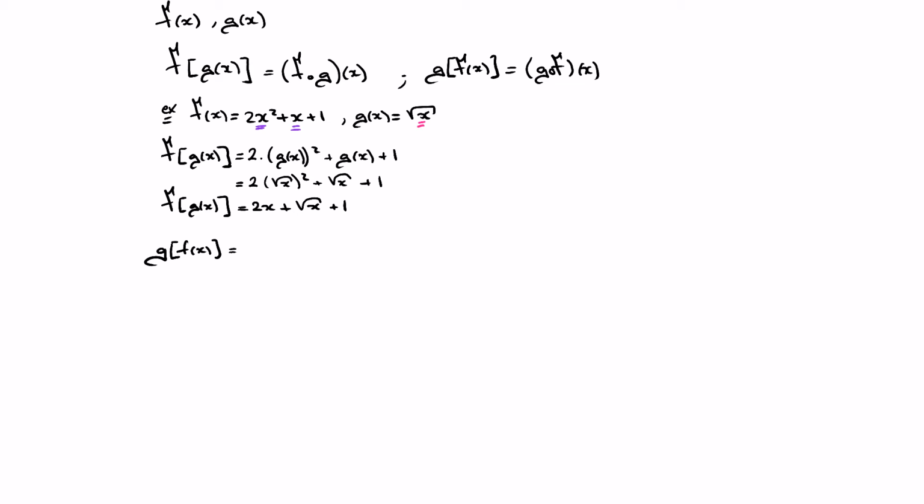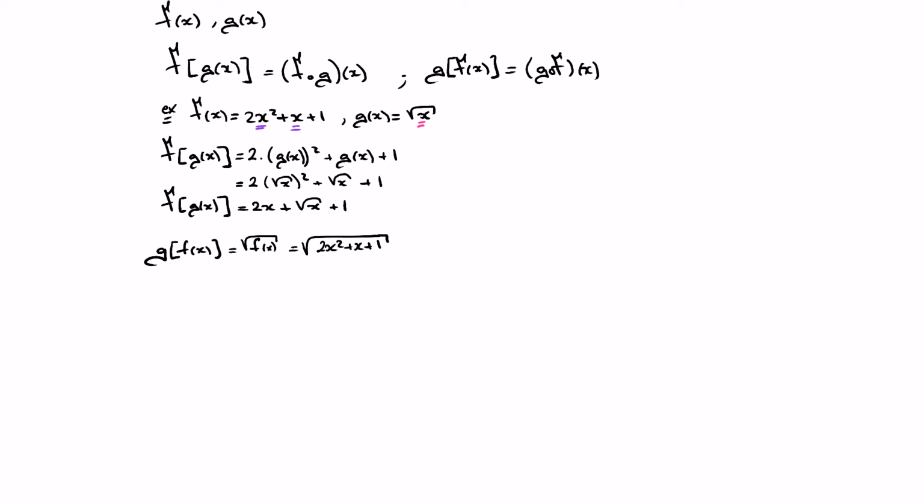So that would be the square root of f of x. And now we just replace f of x by its expression, which remember was 2x squared plus x plus 1, which leads us to the square root of 2x squared plus x plus 1. And that's the composite function g of f of x.